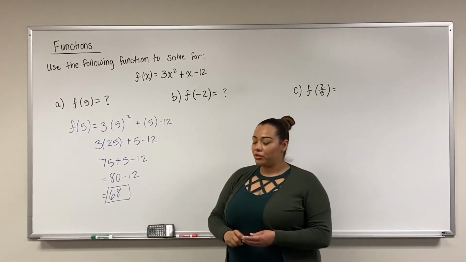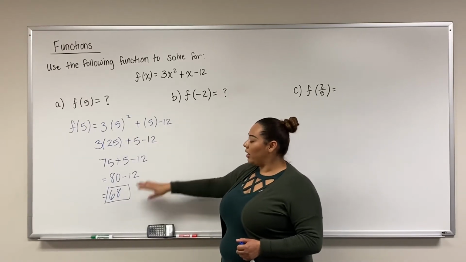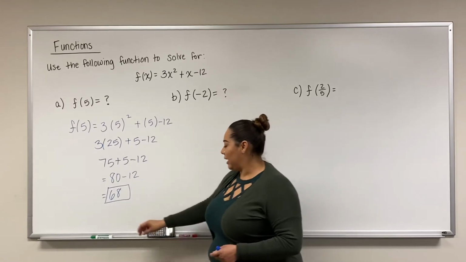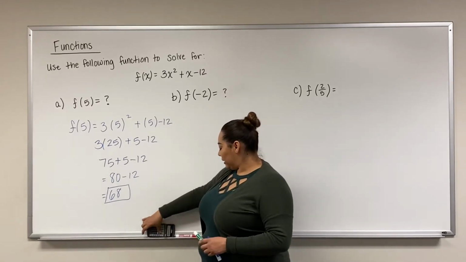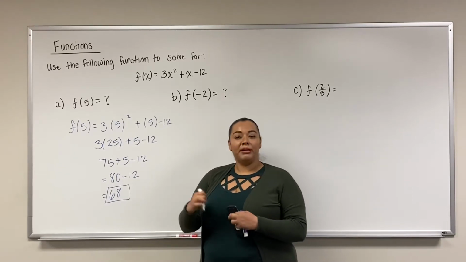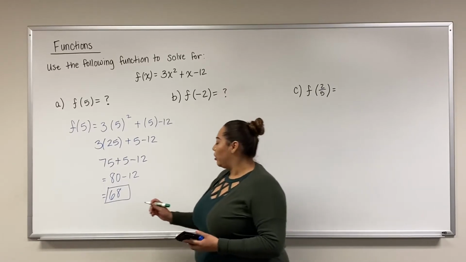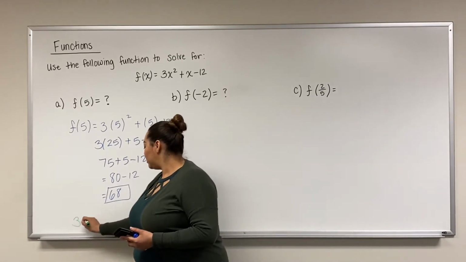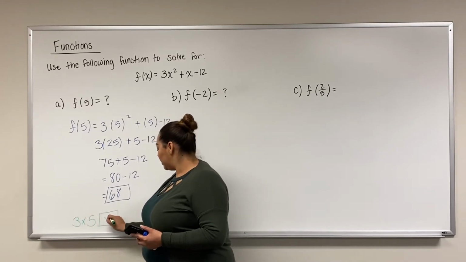You could also just straight out use the calculator. We put whatever we have right here, and we're still going to get the 68. I'm going to be using the TI-30XA. Depending on your calculator, it might be a different button, but all the calculators do the same thing, so you will be able to do it. You're going to put 3 times 5, and then find the x squared button in your calculator.